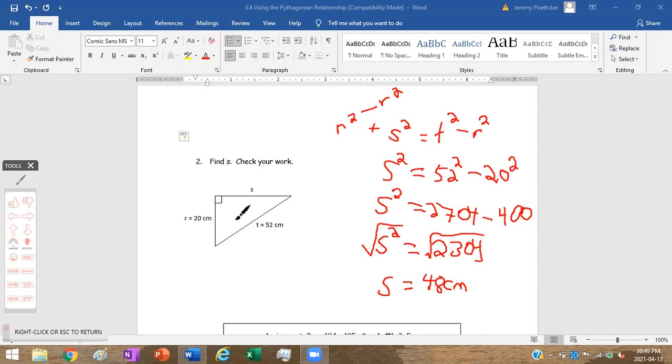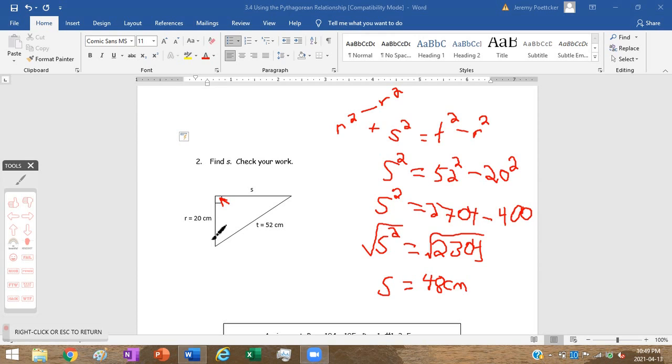I can check that, right? If this is a right triangle, which this here thing says it is, r squared plus s squared should equal t squared. So let's check that and see. So 48 times 48, that gives me 2,304. 20 times 20, yeah, that's 400.